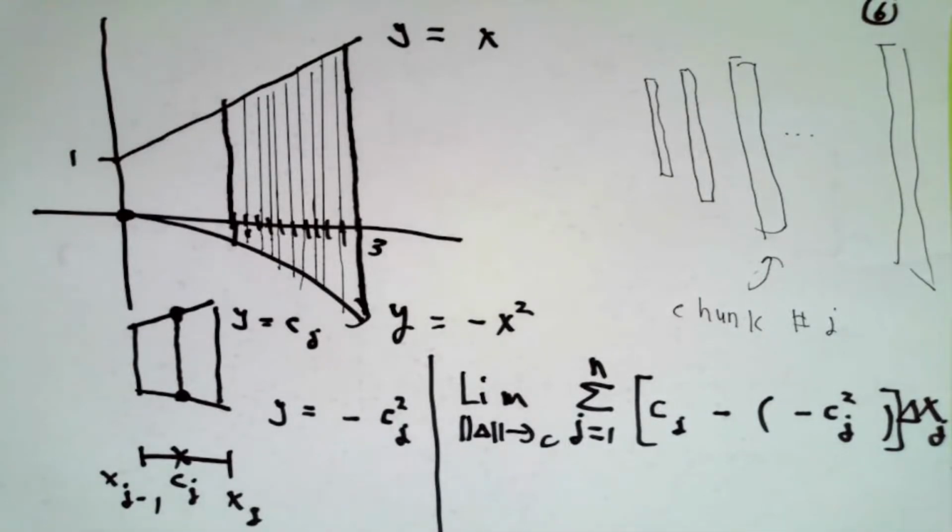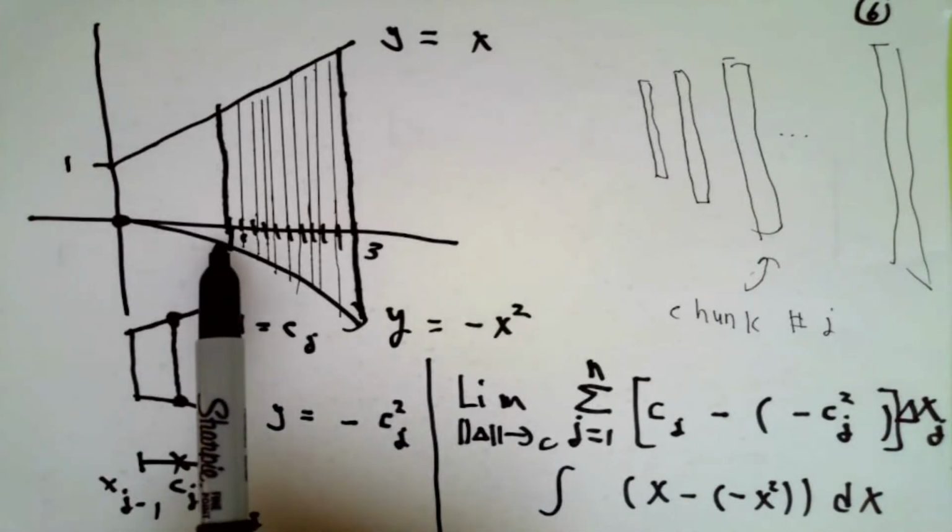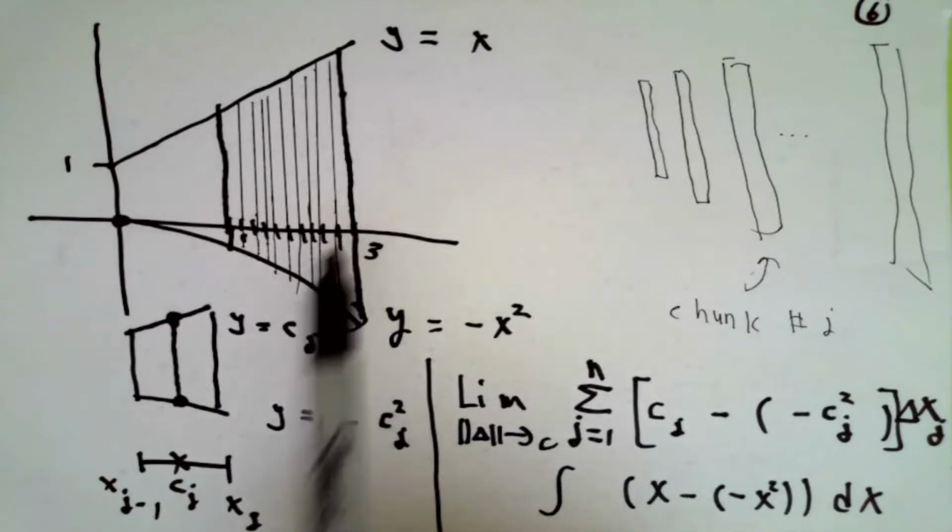I'm just going to stop writing c sub j down and start writing the name of the independent variable instead. To complete the setup of the integral, I have to put in the smallest and largest relevant independent variable values, smallest and largest x values in this case. That would be x equals 1 and x equals 3.